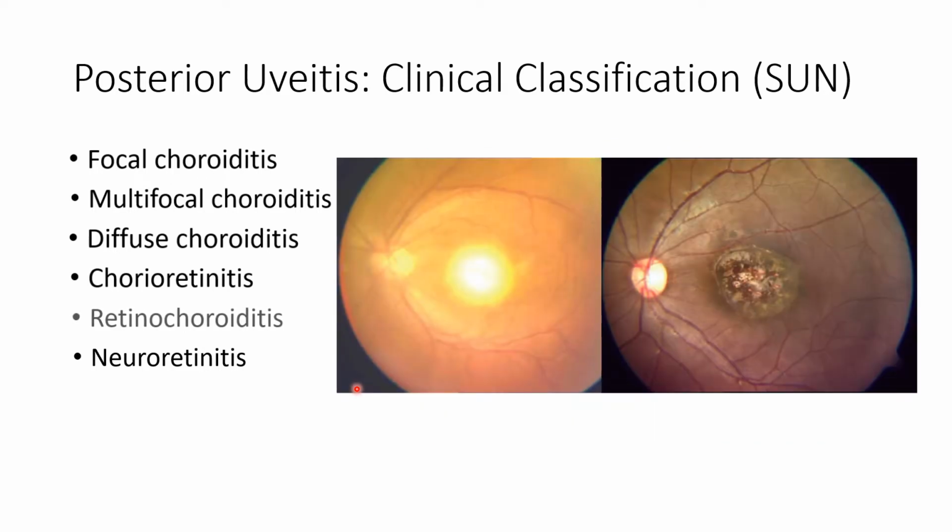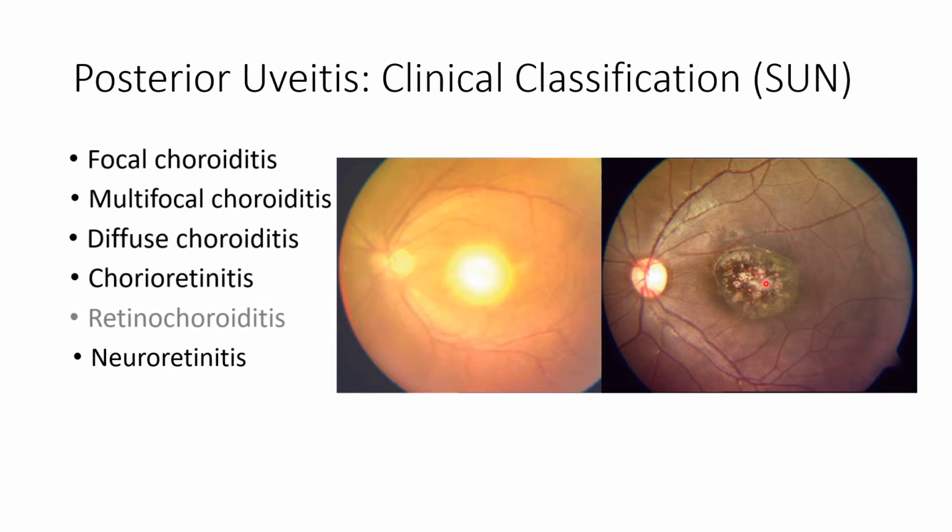Then we can have retinochoroiditis, where it is inflammation primarily of the retina, and then when the scar heals, we can see there is a large defect in all the layers of the retina and choroid, and we can appreciate the pigment dispersion and visibility of the sclera which is underlying all these layers.